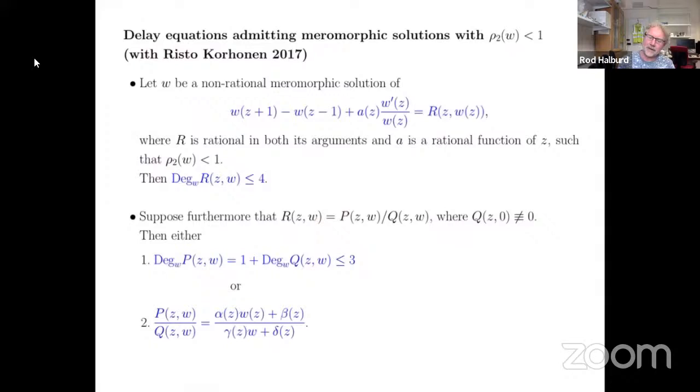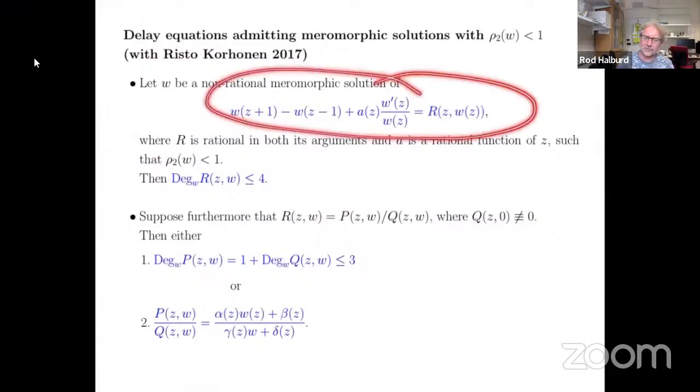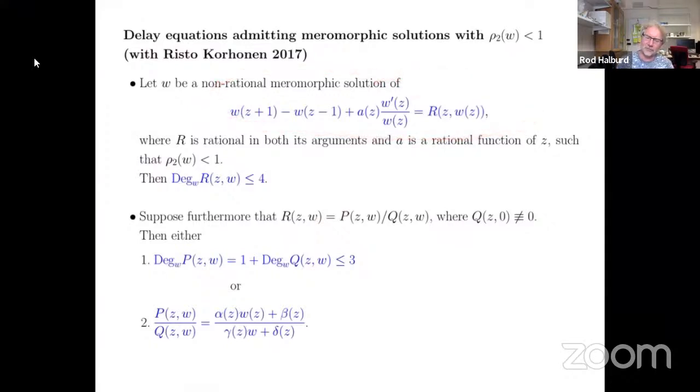So if we take equations of this form, unfortunately, there are lots of extra technical conditions that are thrown up when you start looking at these equations with both shifts and derivatives.